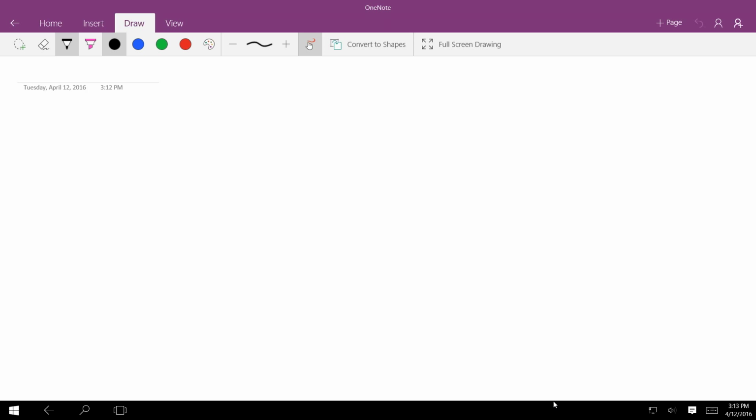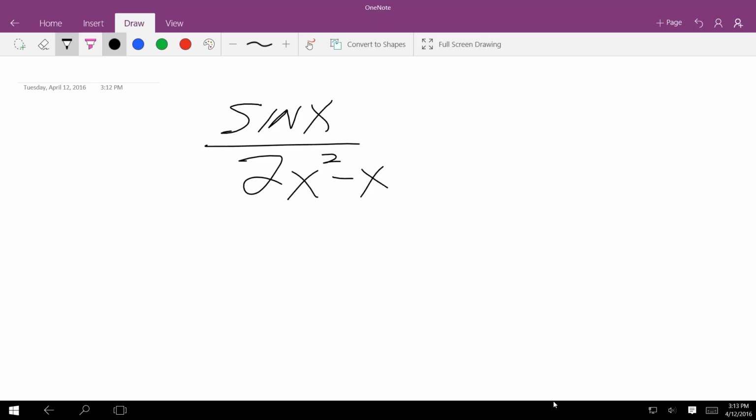Let's see. Sine x over 2x squared minus x, and then x is approaching 0.